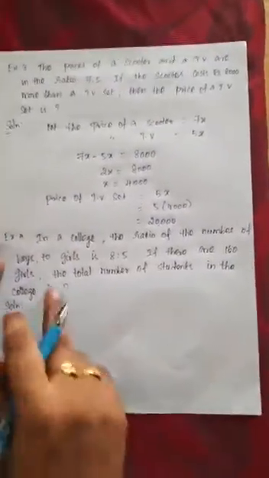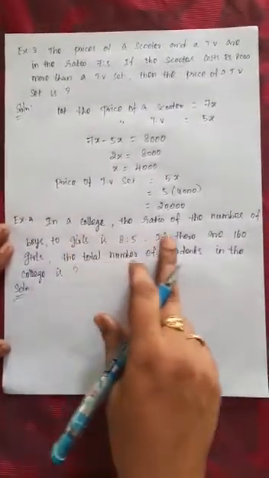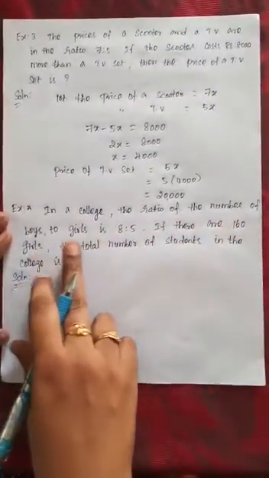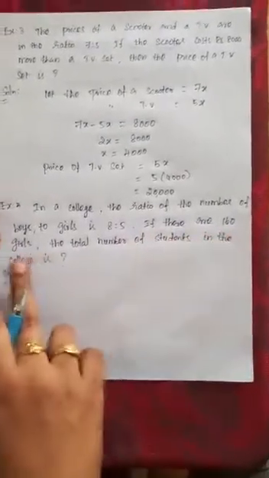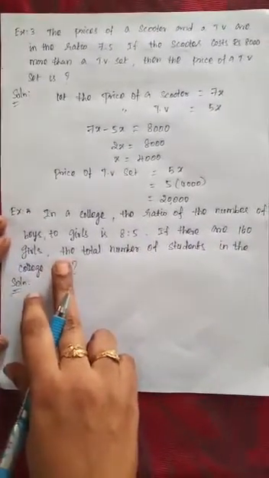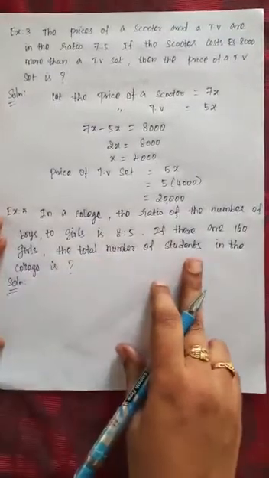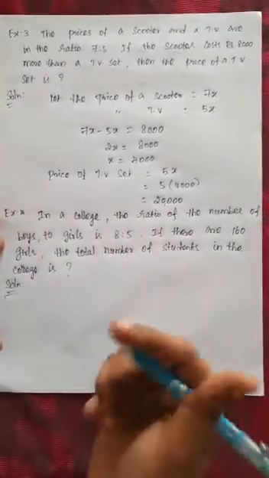Let's see the next problem. In a college, the ratio of the number of boys to girls is 8:5. If there are 160 girls, we have to find the total number of students in this college.